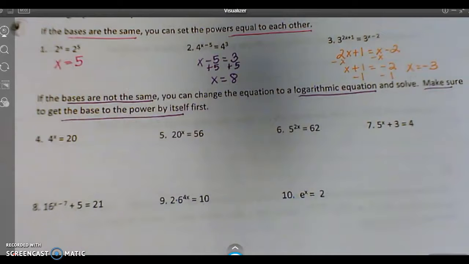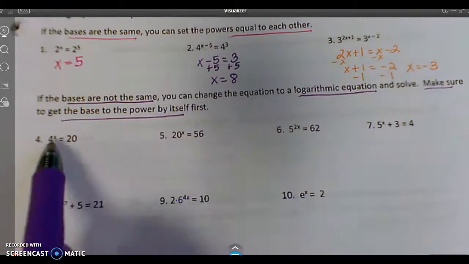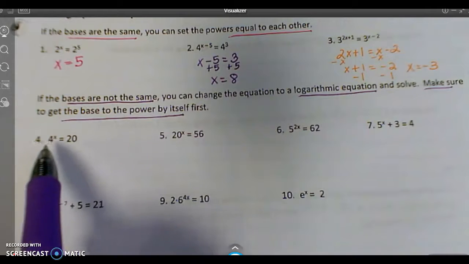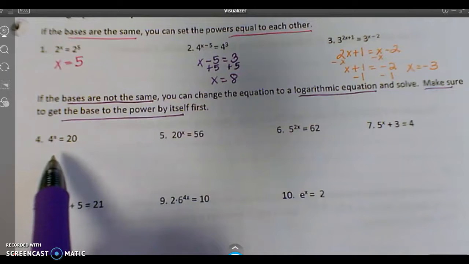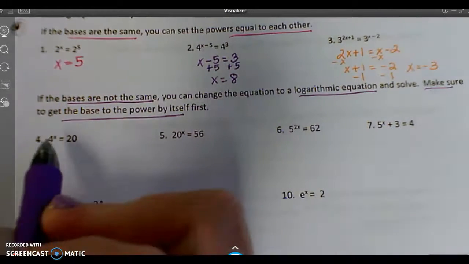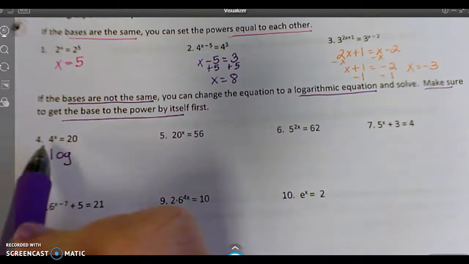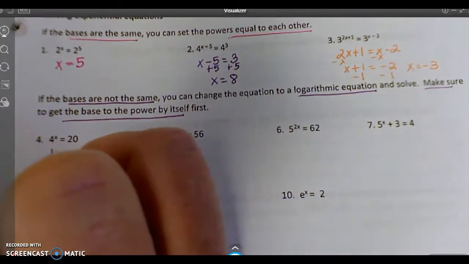Okay? So what you do, it says 4 to the x equals 20. What you do is rewrite it in exponential form pretty much. Okay? So if I rewrote this in exponential form, I'm going to have log. My base is 4, so 4 goes here.